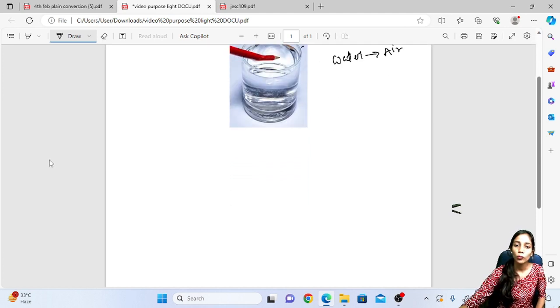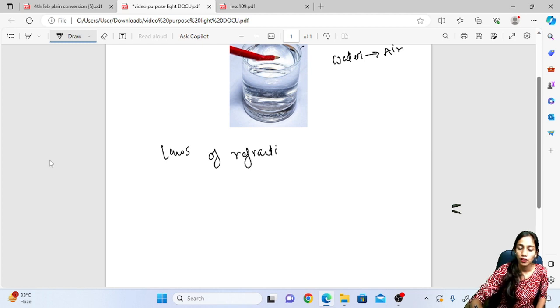Now when we consider refraction, we again have something called the laws of refraction. The laws of refraction are the same as the laws of reflection.